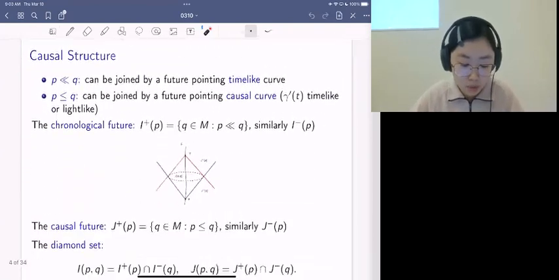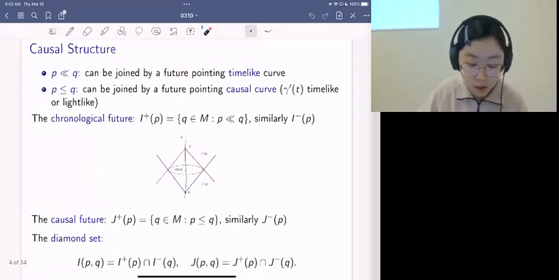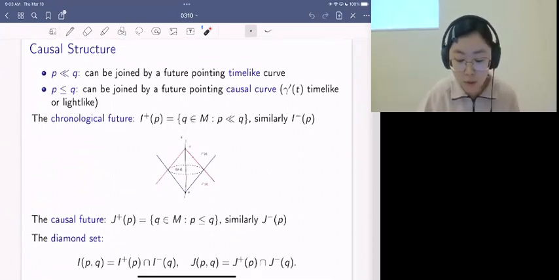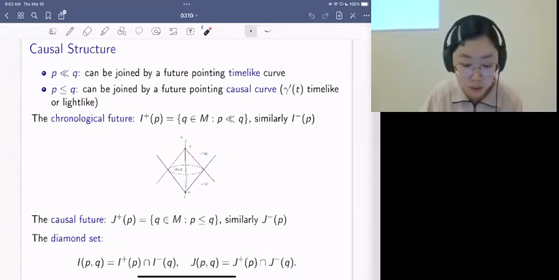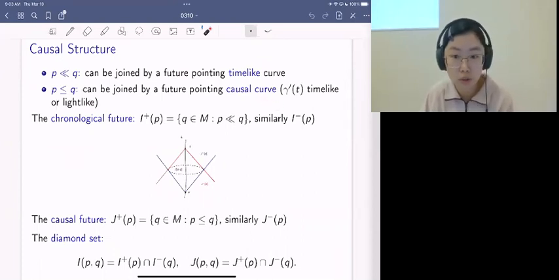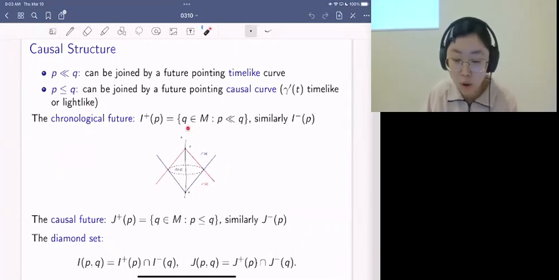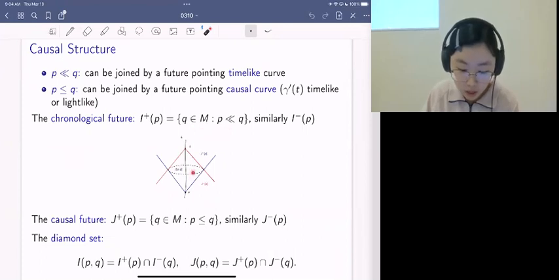We say a point p chronologically precedes q if there's a future-pointing time-like curve from p to q, and p causally precedes q if there's a future-pointing causal curve from p to q. The chronological future is the set of all points q that p chronologically precedes, and similarly we can define the chronological past of the point q.